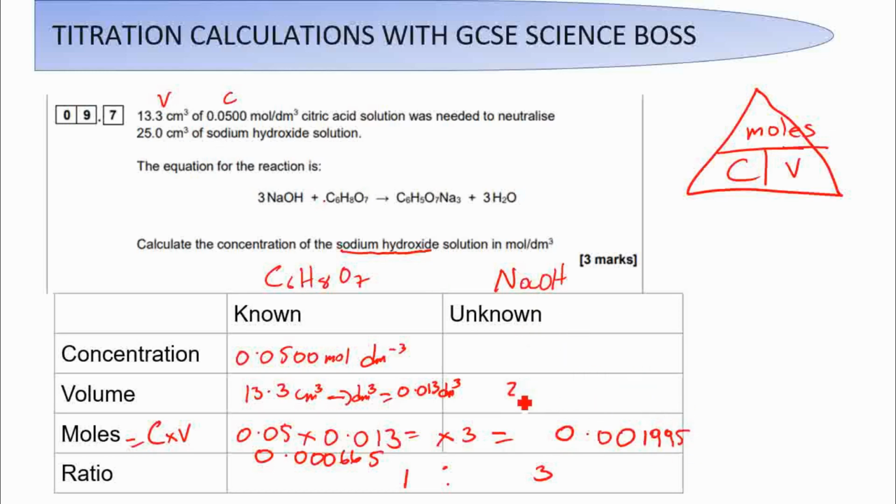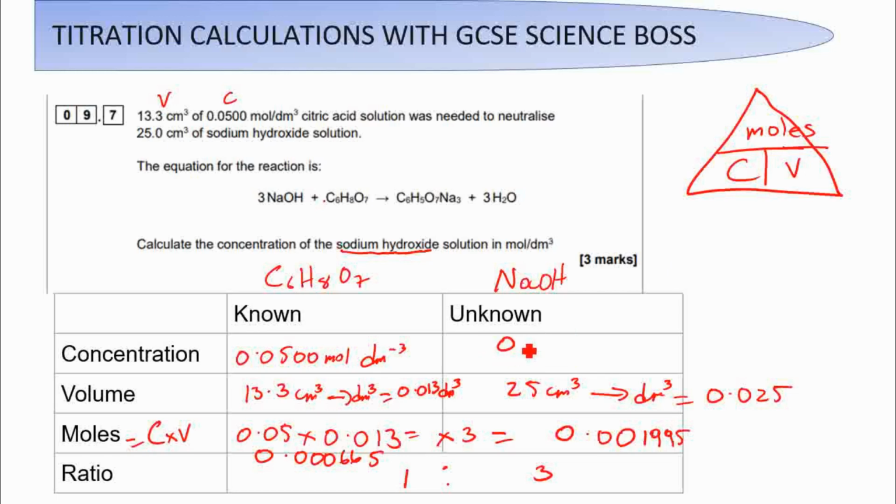They'll also give you that's 25 cm cubed. We need to convert it to dm cubed, as I've been saying to you. So that's going to be 0.025. And therefore, how do we work out concentration? It's going to be moles divided by volume.